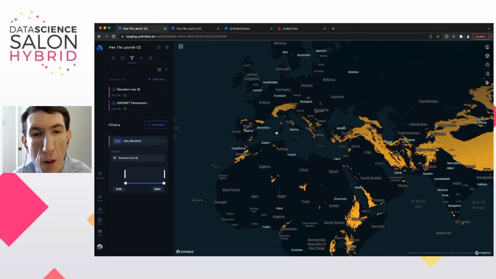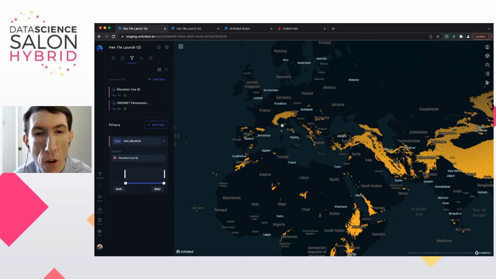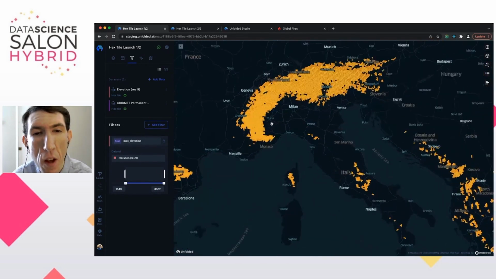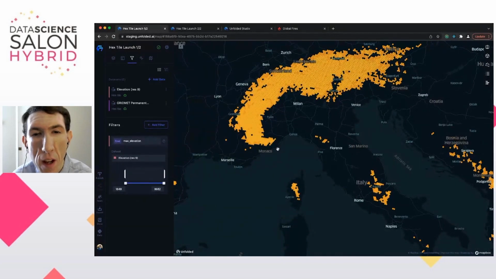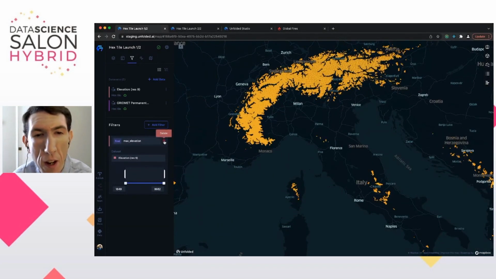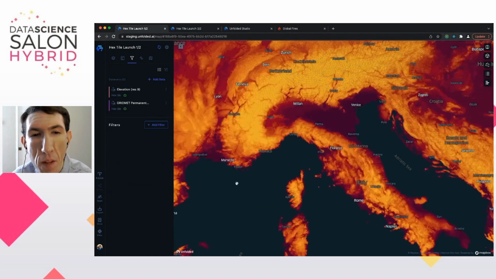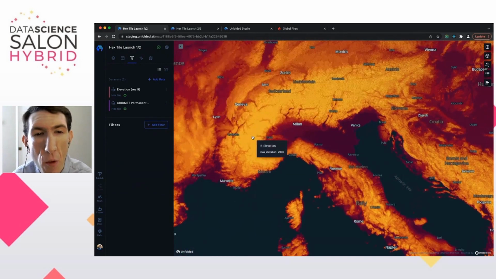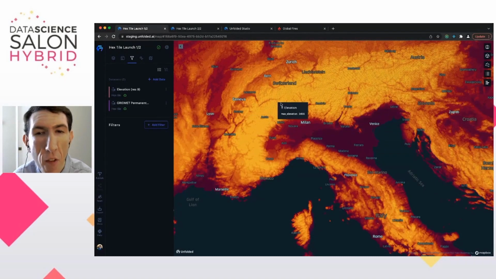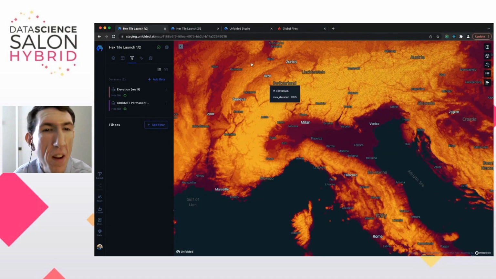So I can use that to identify some mountain ranges, for example, zoom in on them, get more detail on what these mountain ranges look like. And of course, I can also remove my filter again to get access to this higher resolution elevation data, in this case, looking at northern Italy and Switzerland area.